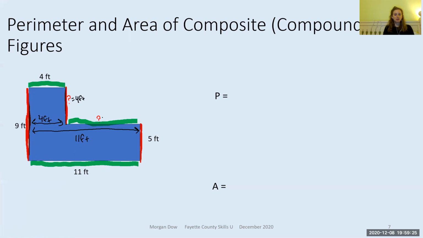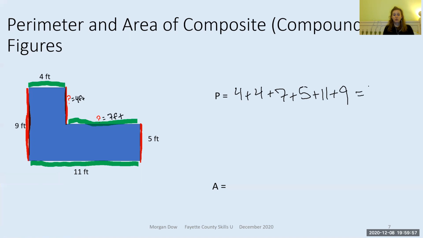So that tells me that this missing chunk must be 7 feet. Okay, so now we have all of the sides filled in. We can add them all up together to get the perimeter. So 4 plus 4 plus 7 plus 5 plus 11 plus 9 all together gives us a total of 40 feet. So the perimeter of this compound shape is 40 feet.